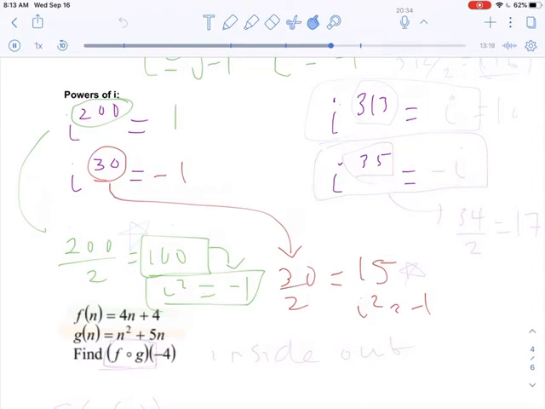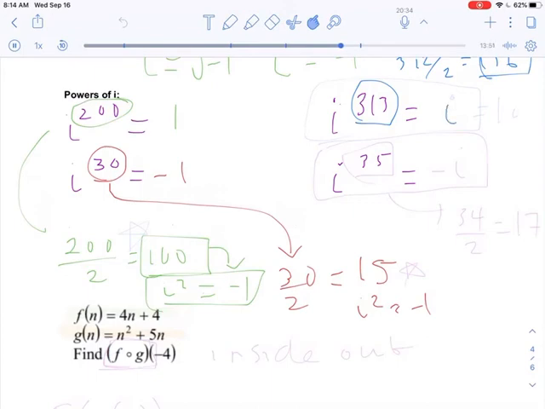When we get to odd numbers like these two examples here, 313, I always go to the even number that's directly under it, and I divide it by 2. So 312 divided by 2 gives me 156, an even number, which means I'm going to have 156 -1s being multiplied to each other, but I'm still going to be left with one i.